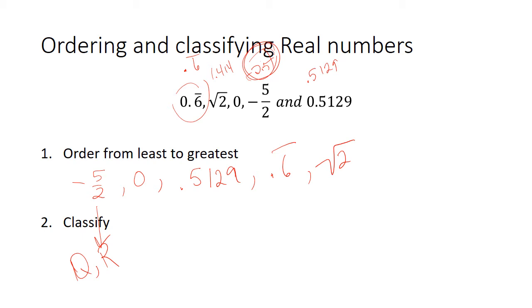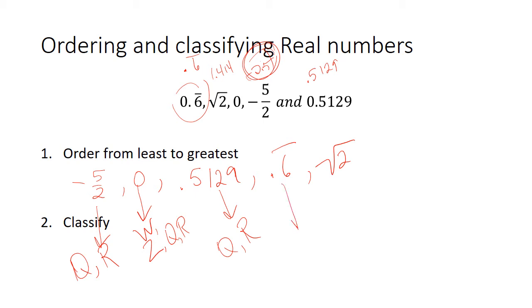My 0, the smallest we can do, is not a natural counting number. It starts with a whole number. So we would say the 0 is a whole number, an integer, a rational number, and a real number. This one is a terminating decimal, so we would say that it is rational and real.